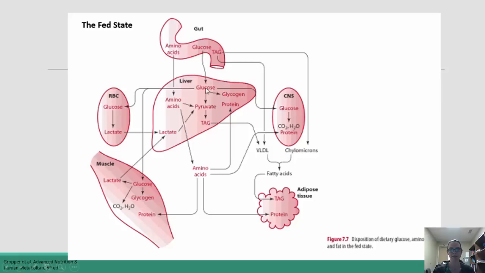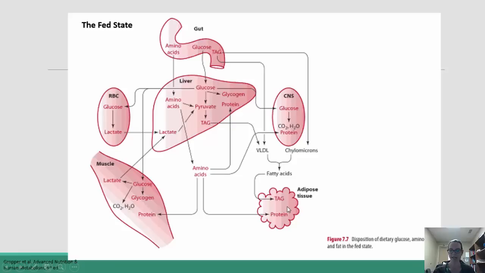We also know that some glucose is going to be converted into glycogen, and most glycogen from gluconeogenic precursors in the periphery. Glucose can be converted into fatty acids and stored in the adipose tissue. So that's what's happening here, stored in the adipose tissue ultimately.